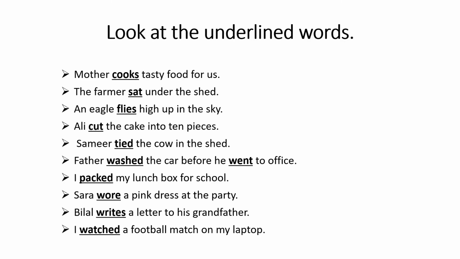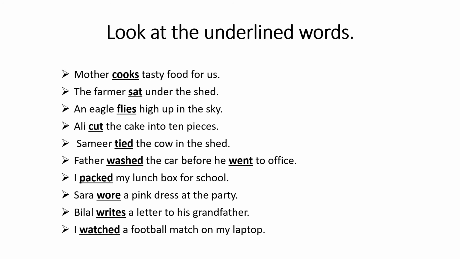Okay, now here on the screen you can see it says look at the underlined words. I have just underlined the verbs in these sentences and I want you to read it out and understand what are verbs.